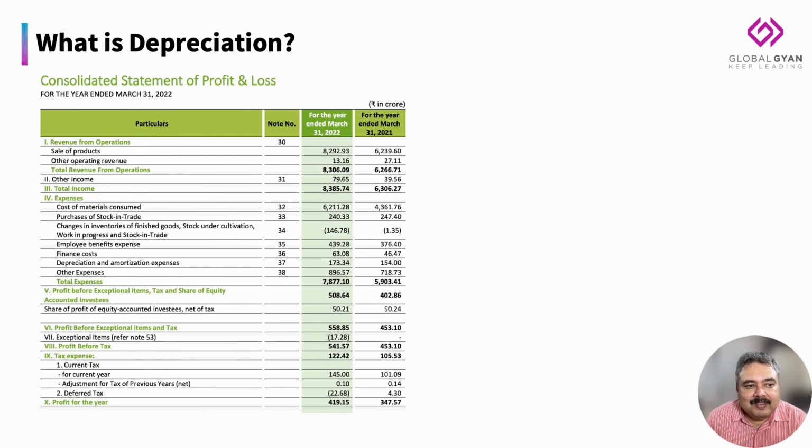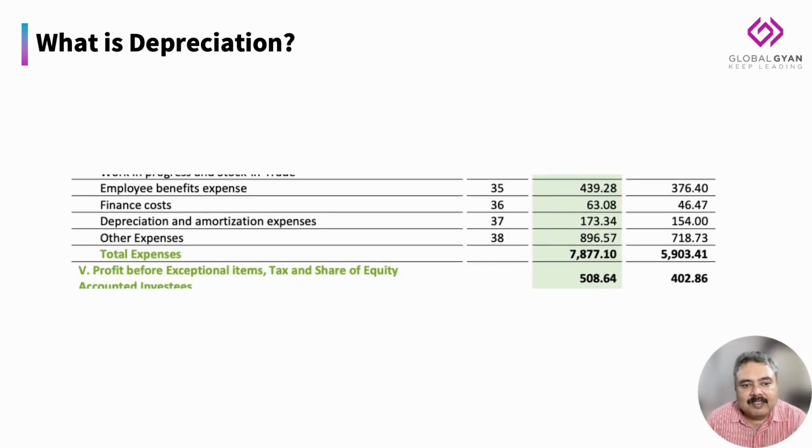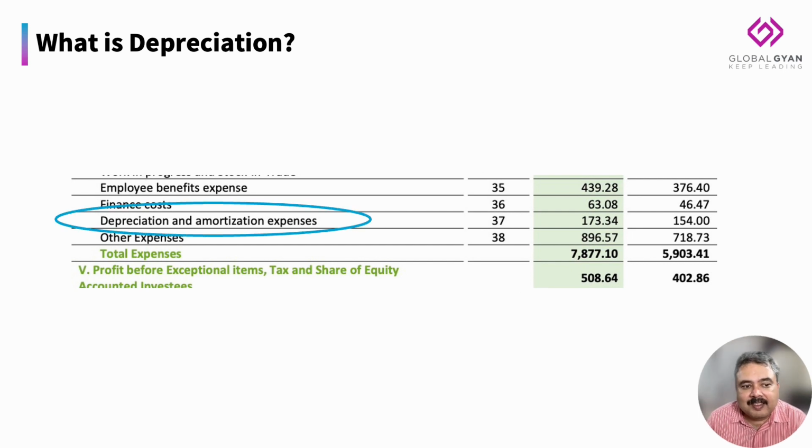So the idea of depreciation is pretty simple. You will find it in the profit and loss statement. You'll actually see it not just as one item. It's called depreciation and amortization expenses. That's what you'll find in the summary of the P&L. If you go into the detailed notes, you'll of course see a breakup of the depreciation and amortization.